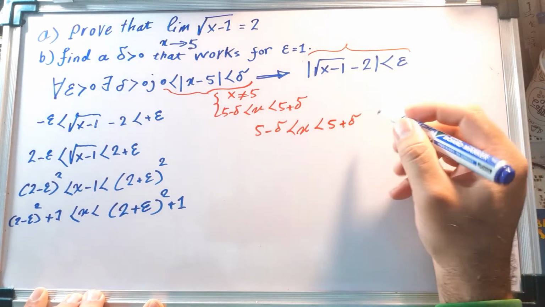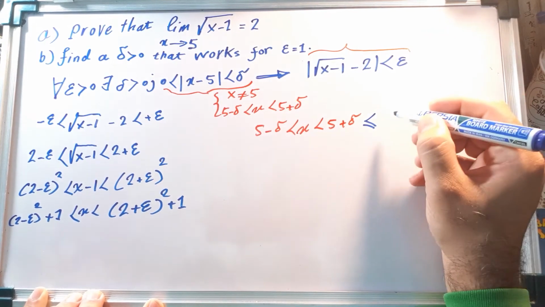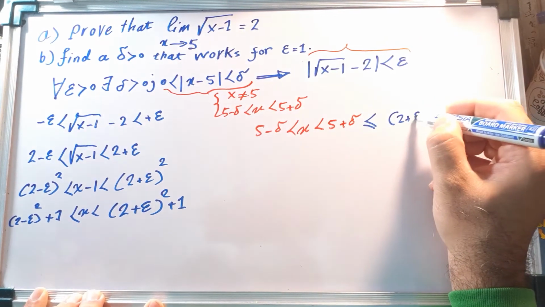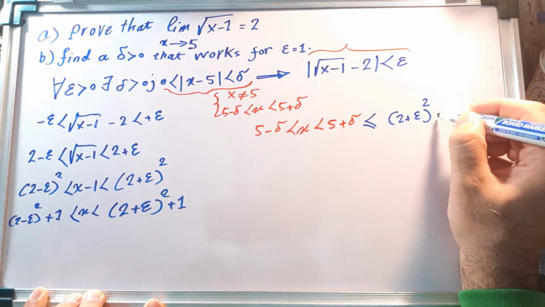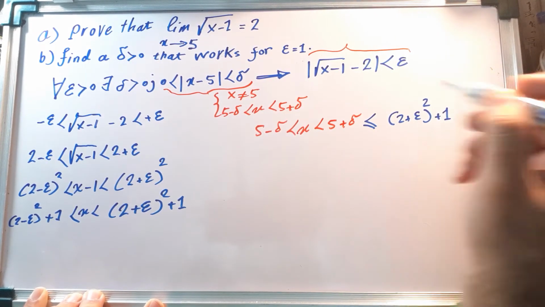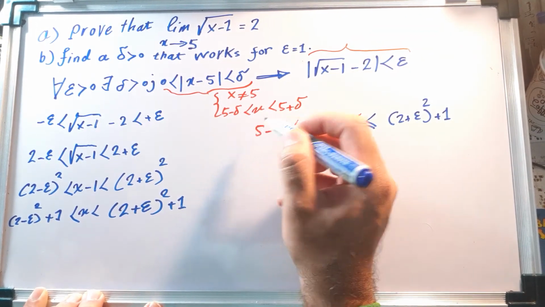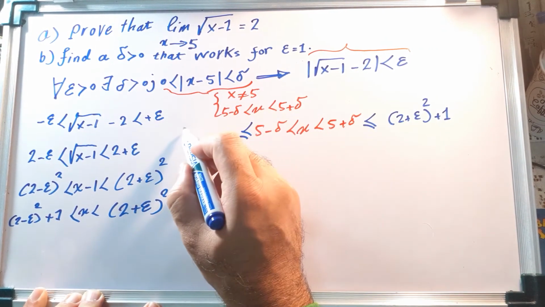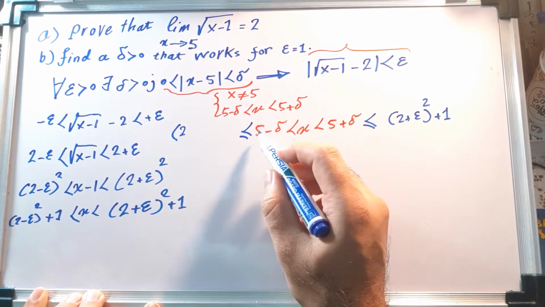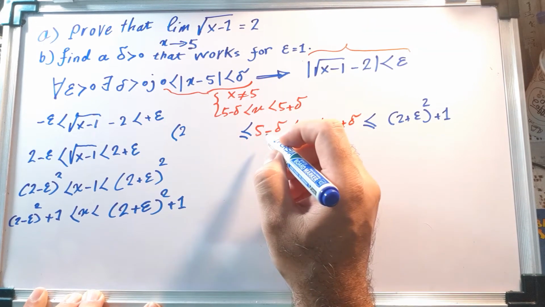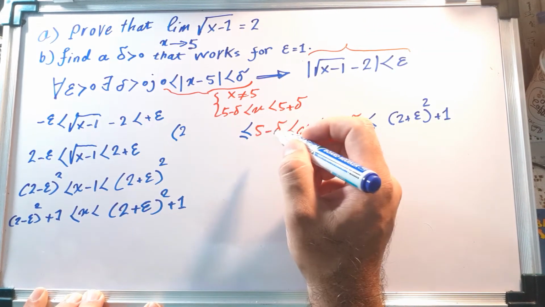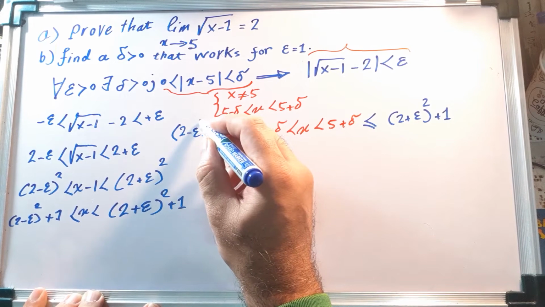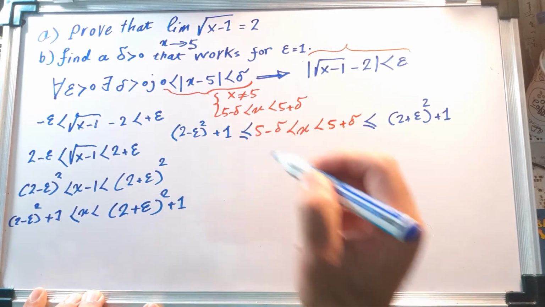Let's consider this, less than 2 plus epsilon to the power 2 plus 1, and also at this side let's consider 5 minus delta be equal to or greater than 2 minus epsilon to the power 2 plus 1.